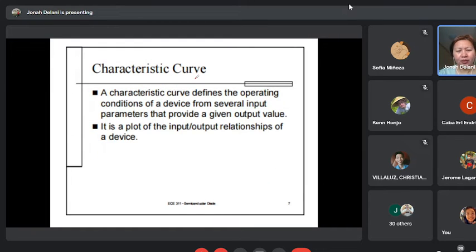So a diode, to describe its operating characteristic, makita siya sa characteristic curve. Characteristic curve is the plot of input-output relationship of a device.